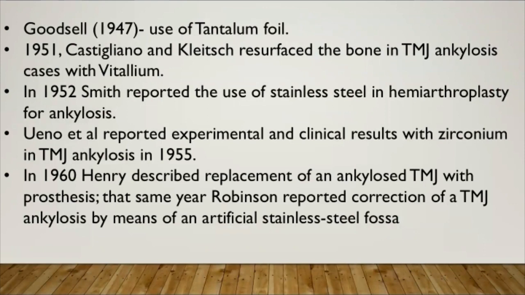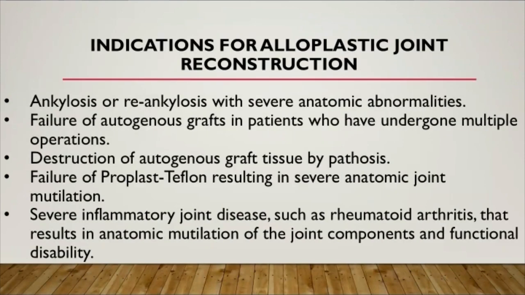In 1960, Harry described replacement of ankylosed temporomandibular joints with prosthesis. That same year, Robinson reported a correction of temporomandibular joint ankylosis by means of an artificial stainless steel fossa.